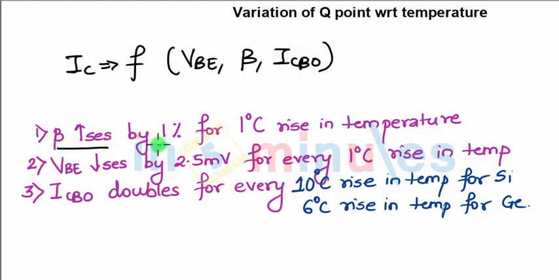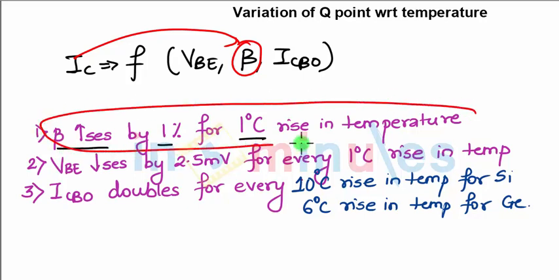Beta increases by only 1% for 1 degree Celsius rise in temperature. So this is the dependency of beta on temperature. If beta changes, your IC is going to change. So indirectly this dependency of beta on temperature will affect the Q point, right?